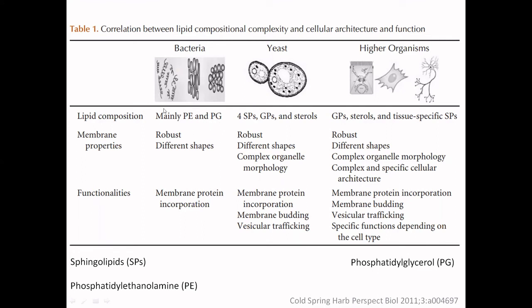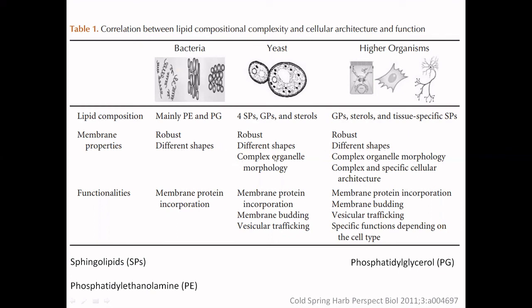They make the cell membrane or the plasma membrane of the bacteria, whereas the higher organisms are also eukaryotes. So you can see the sphingolipid, glycoproteins, and the sterols in both of them. But in higher organisms, depending on which tissue, the composition slightly varies. Then membrane properties, robust and different shapes. This is found in all the three categories.